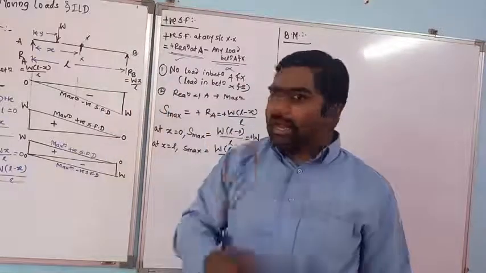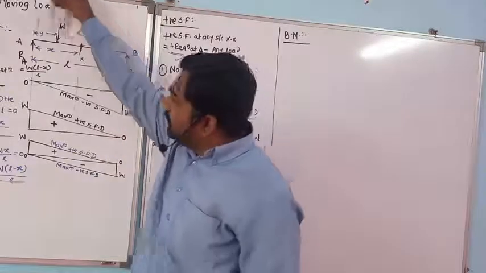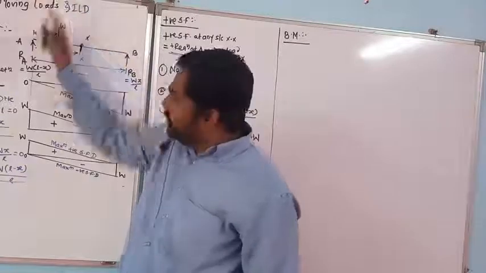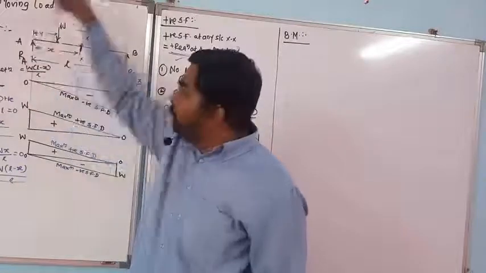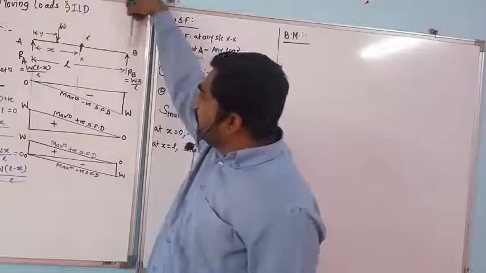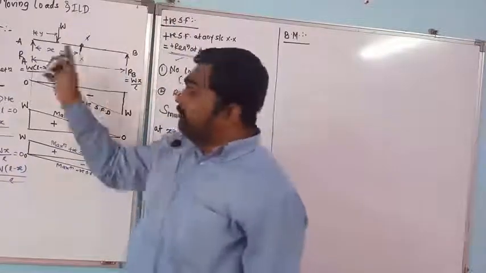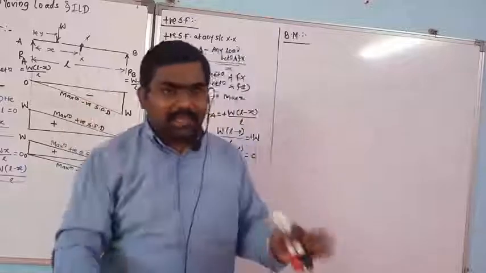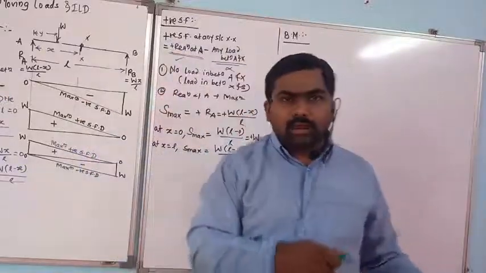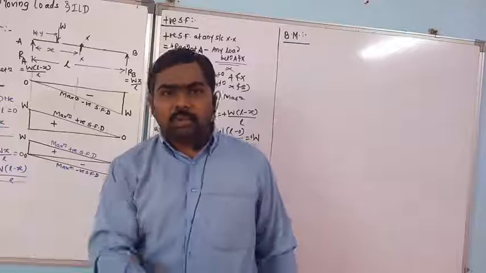Simply put, when this load W comes over A, your RA is equal to W, and when this load W comes over B, then your RB is W. It is not having a static value. Since it is rolling from A to B, the reactions are also varying.